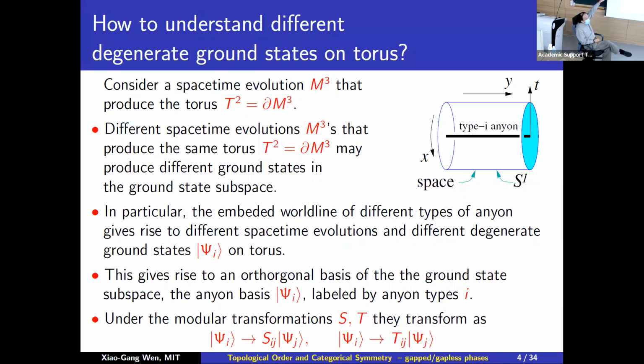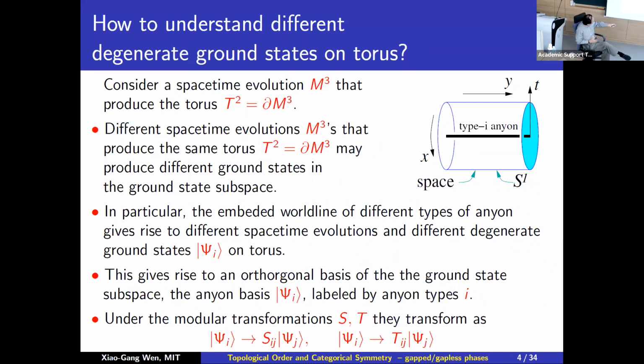Here we fill the solid torus where y is a non-contractible loop, but x is contractible. There's another way to fill it, which makes y contractible, but x non-contractible. Then you can insert an anyon line in the x direction rather than the y direction, and that gives you another basis of this degenerate ground state. These two bases are related by this 90-degree rotation. So it's kind of a game we play like that.